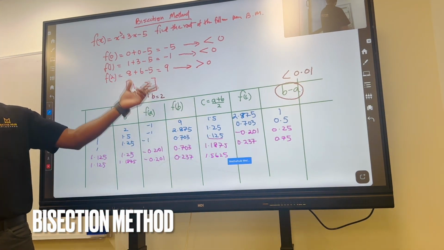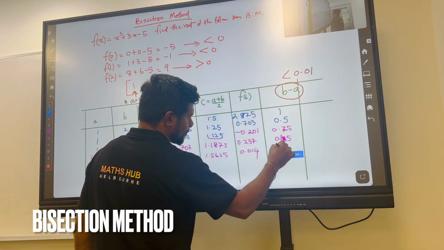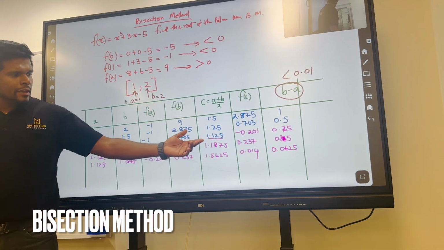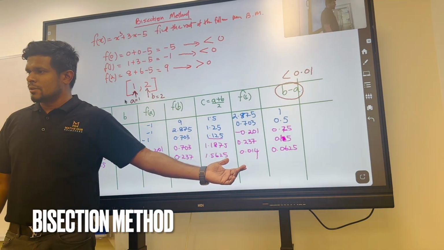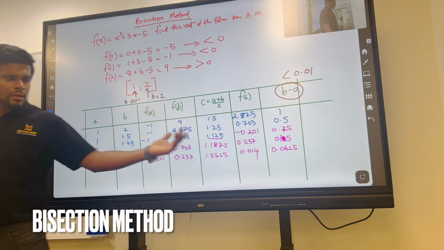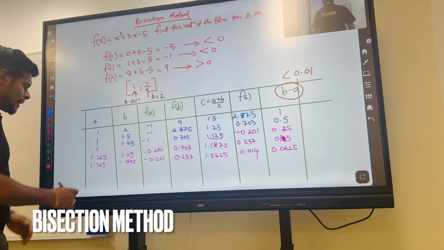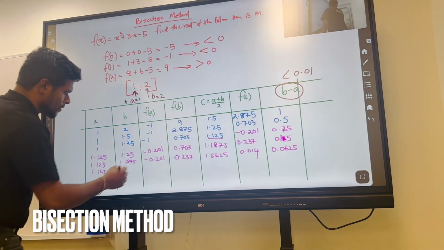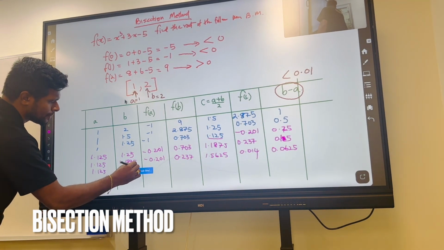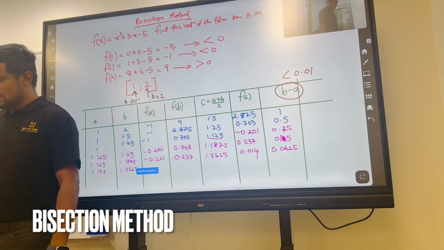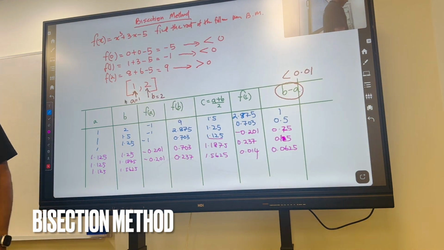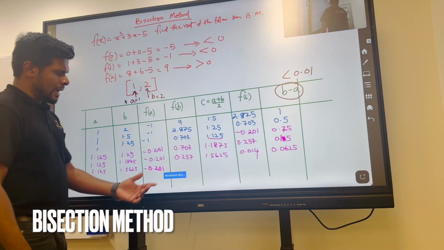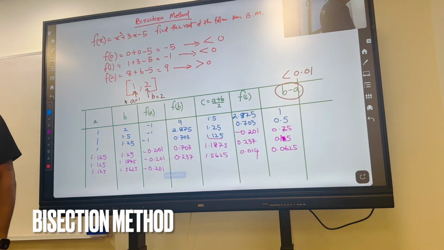What is FC? We substitute this value into the function. Right, so we got the FC as a positive. What's going to happen, Anish? So you change the B. Yes, A stays there, 1.125. B will change to C, 1.5625. Understand? Right, now keep moving with this. What do you get? Negative 0.201 and FB 0.014.